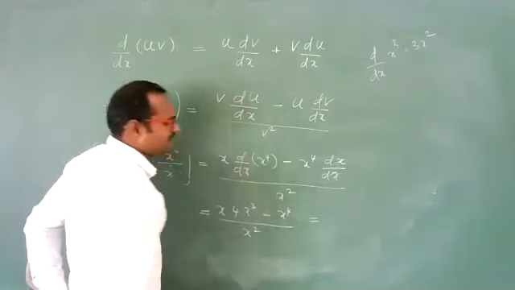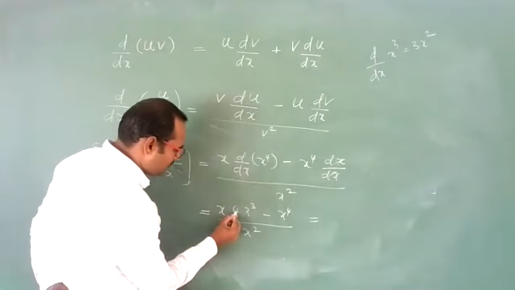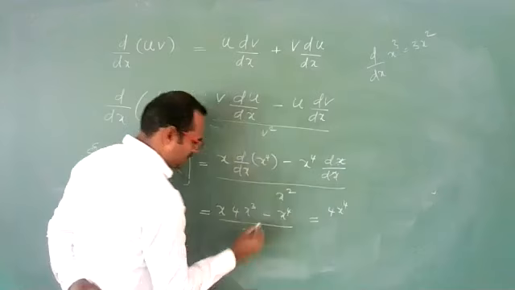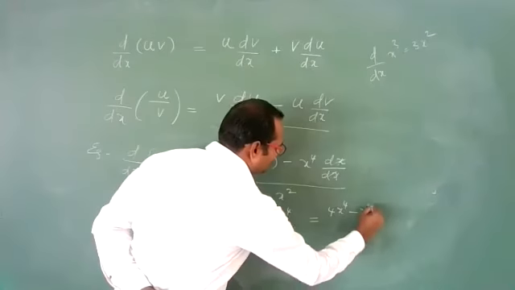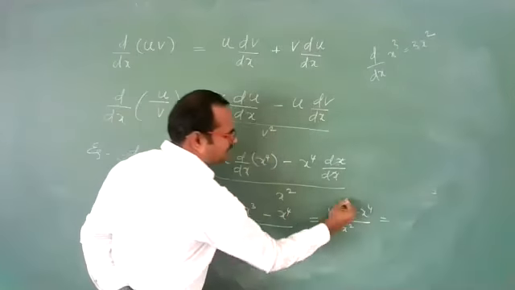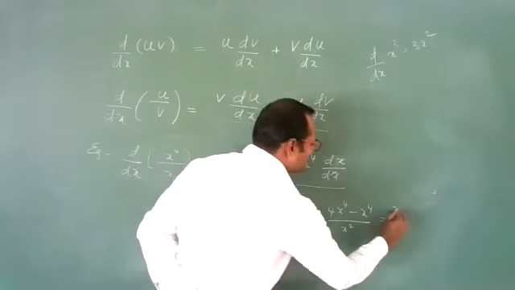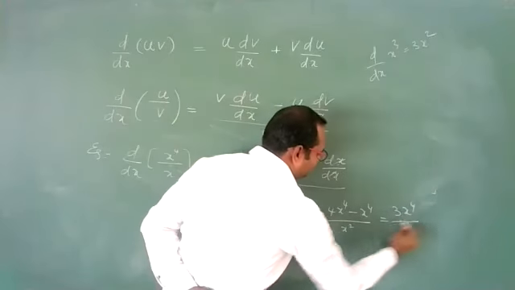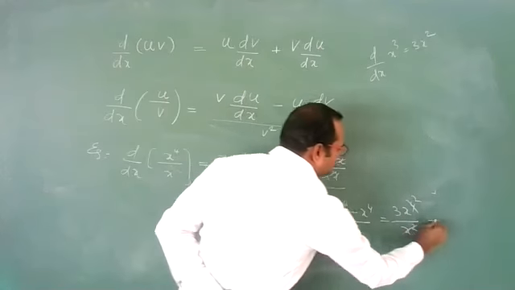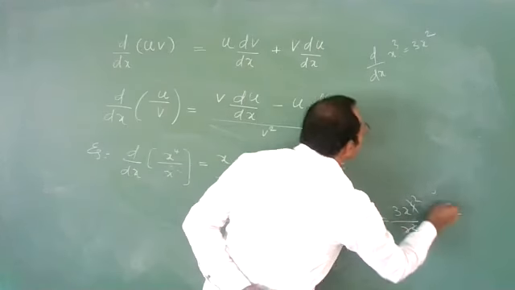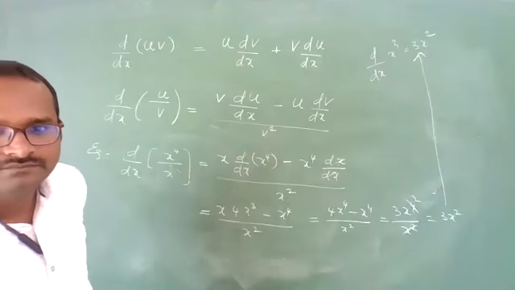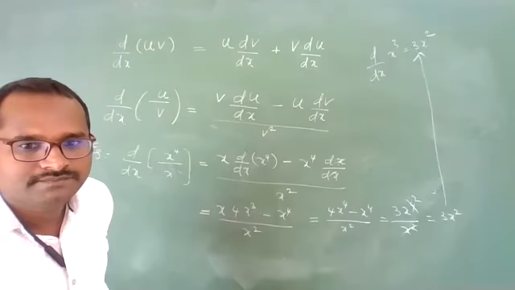What will you get? 4x power 4 minus x power 4, divided by x square. 4x power 4 minus x power 4 is 3x power 4, divided by x square. x square cancels, you will get 3x square. Yes, exactly the same result. Do you understand this one?